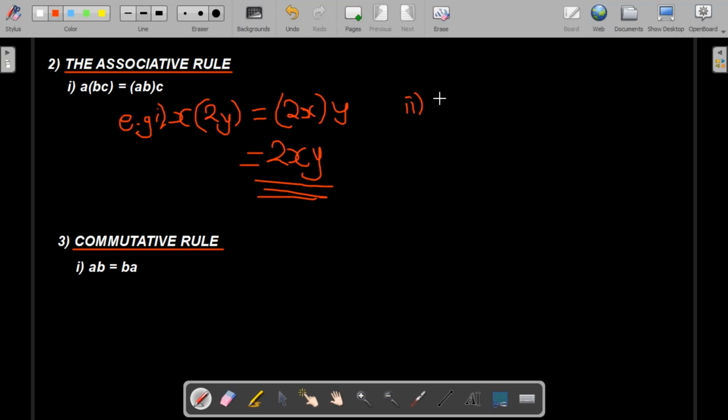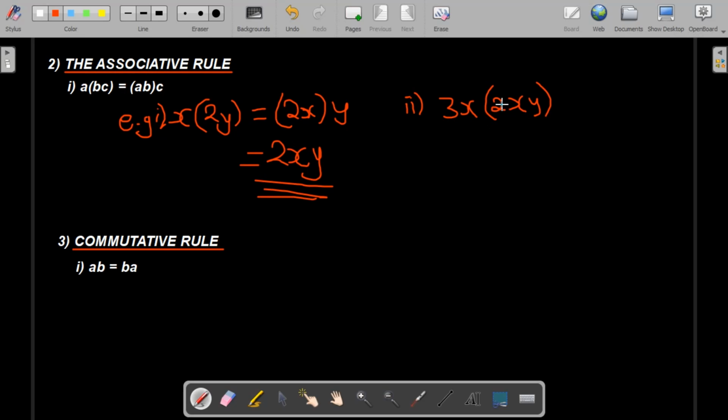Another example is if we have 3x and then open bracket 2x y. This is the same as multiplying directly, which falls under the associative rule.